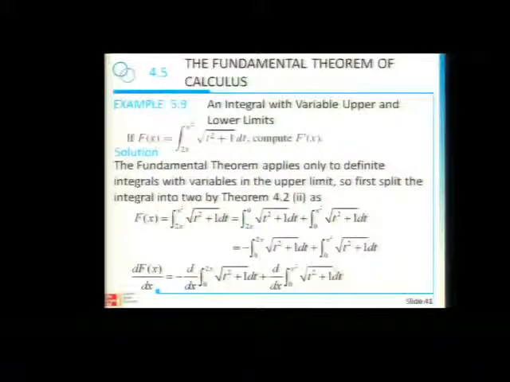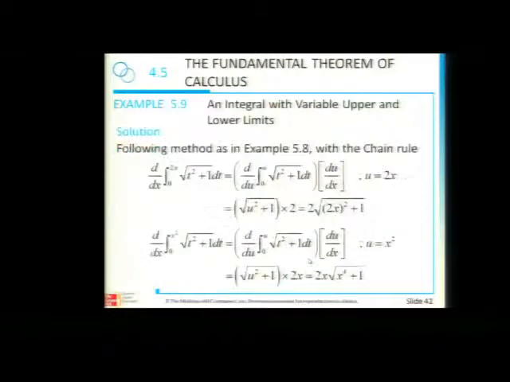Now the second integral, this one. Just work it out in the same way. For this case, we let the upper limit be u. So u is x squared here. Now according to the chain rule, this is d/du times du/dx, same as before. And this one, we can apply the fundamental theorem.